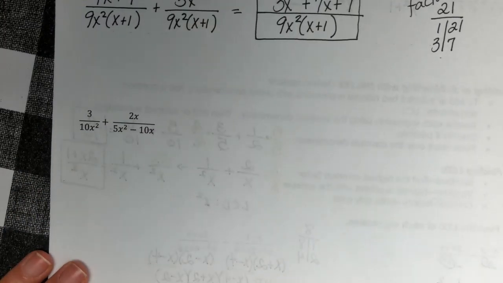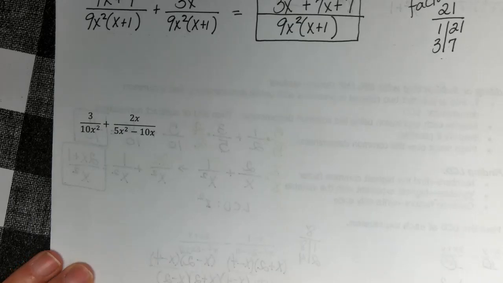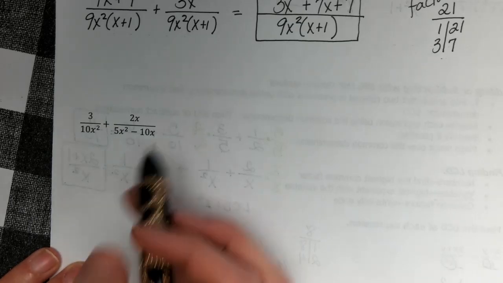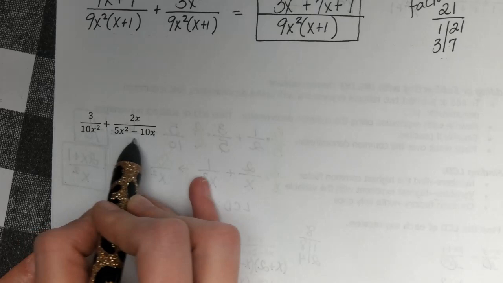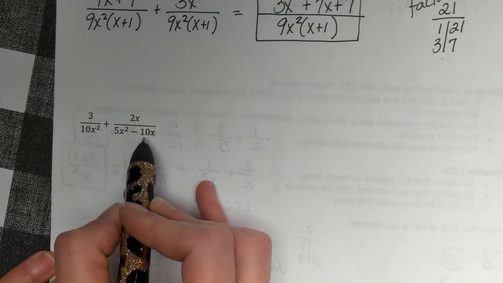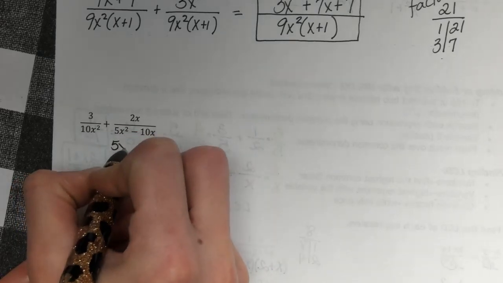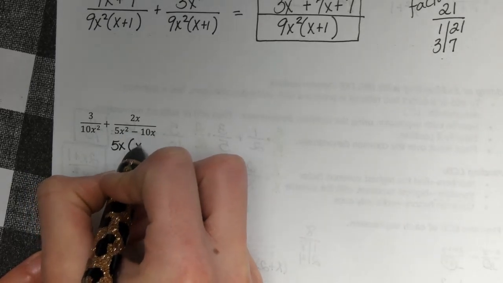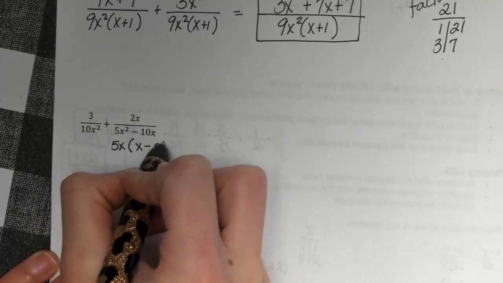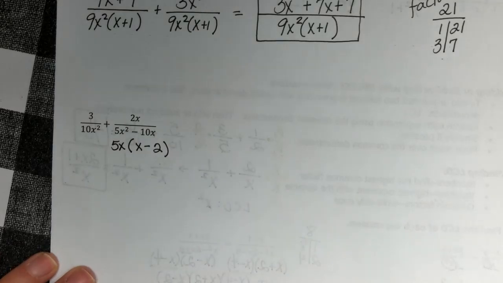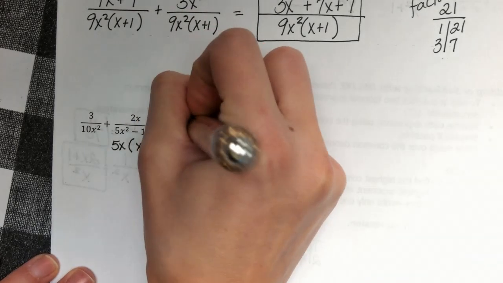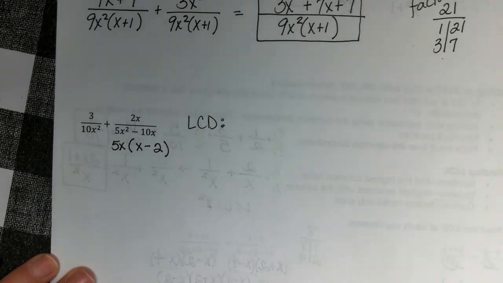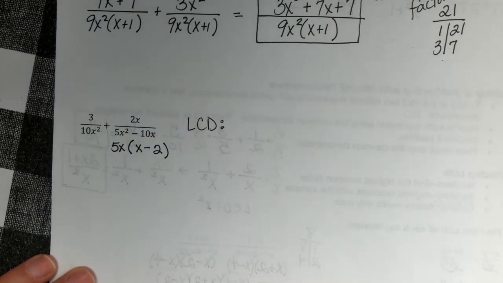So this next one, I've got 3 over 10x squared plus 2x over 5x squared minus 10x. So I'm going to try to factor out something for my second denominator, and I could factor out a 5x, and that would leave me with x minus 2. Okay, so for my LCD, which you have to state your LCD every single problem, okay?